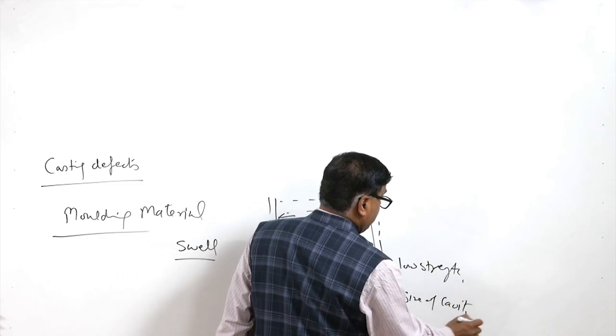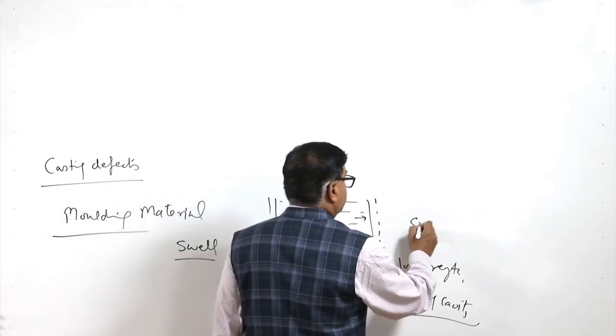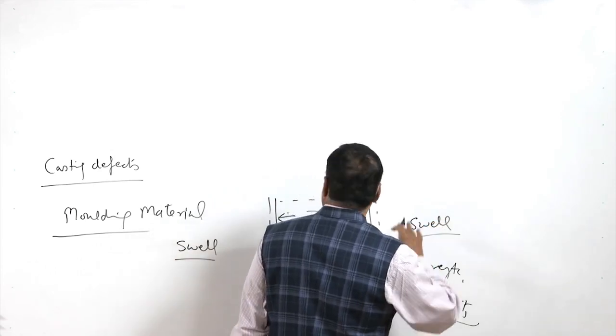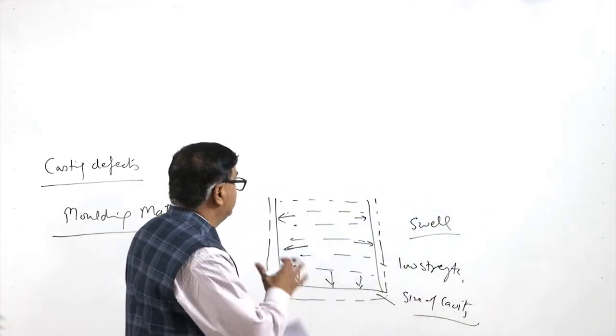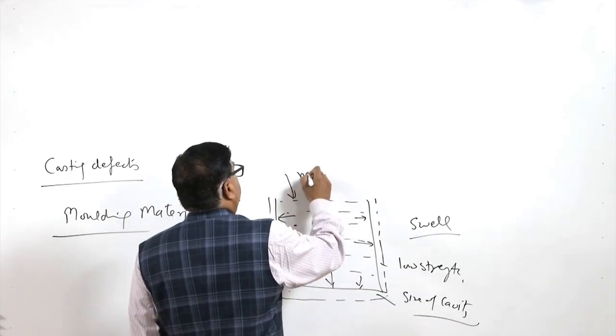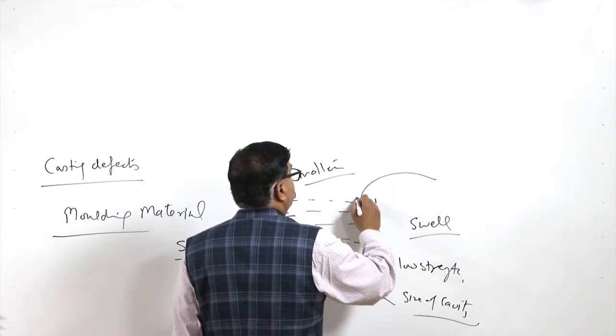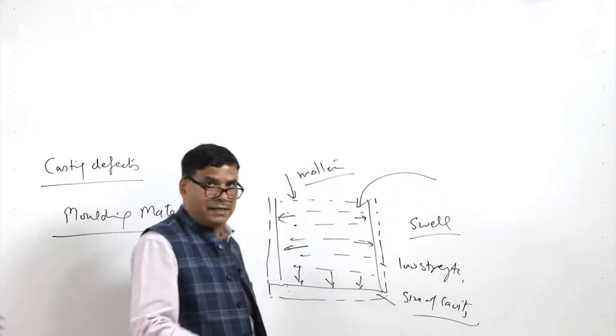So, basically the mold size is enlarged when swelling takes place. This is swelling, in the form of shifting of the mold walls. It will increase the requirement of molten metal to be fed into the mold cavity, as well as the molten metal which is to be fed from the riser.